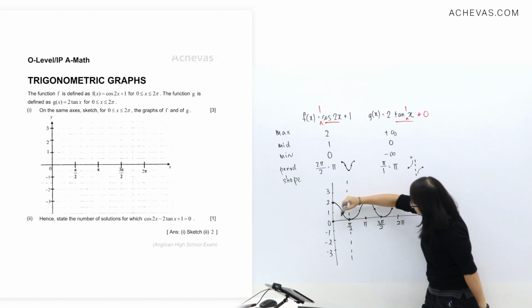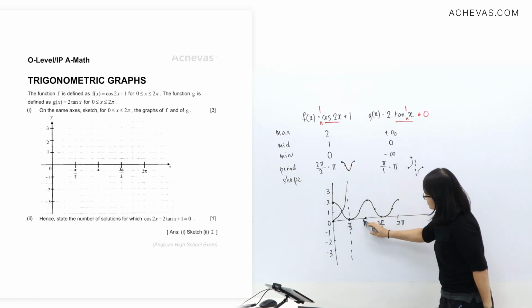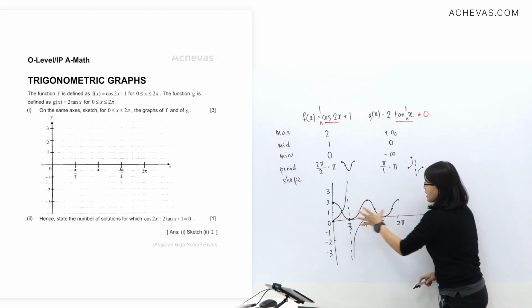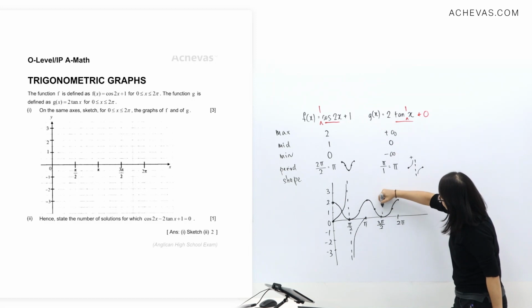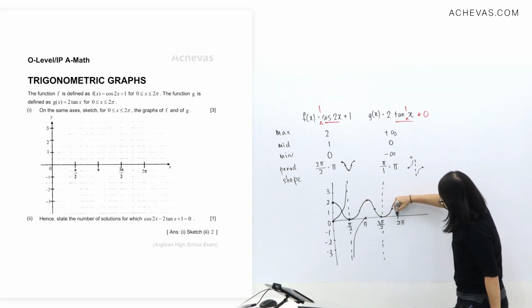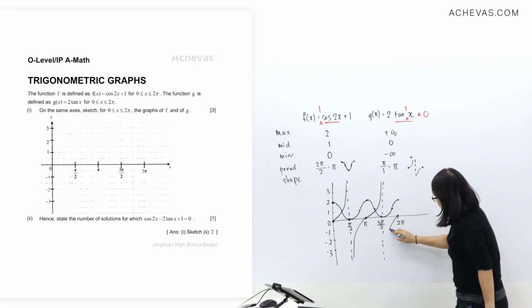Then draw up first, approaching the asymptote line, and this one draw down, approaching the asymptote line. And we're going to repeat this process here. So the dotted line is going to be at 3 pi over 2. Same process, 1 dot here, 1 dot here. One goes up, another one goes down.